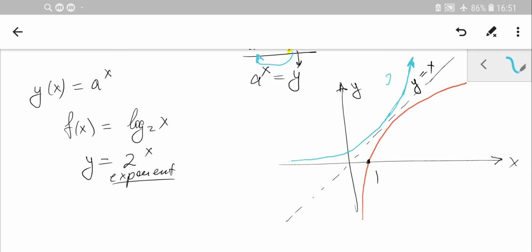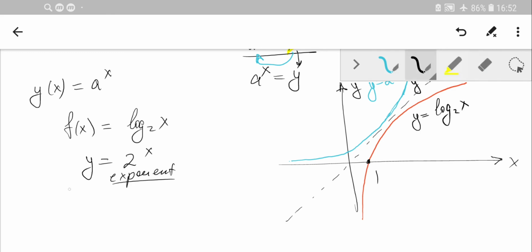Okay, that's one part of the graph, and this other part of the graph goes this way. So this is the exponent, y equals 2 to the power of x, and here below is y equals log 2 x. You can also check the values, so you can plot a table of y and x. In this case it's much more convenient to first set up the values of x and calculate y.